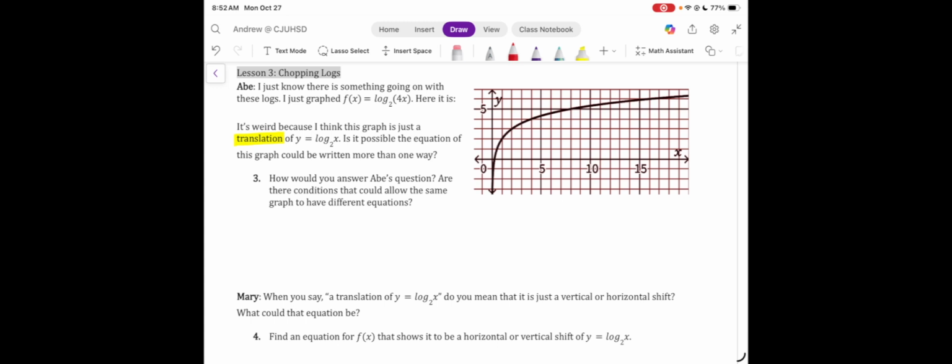So in other words, where has the reference point gone? Well, it looks to me like the reference point is now here. And maybe that was a jump up of 2. How would you answer Abe's question? Are there conditions that could allow the same graph to have different equations?